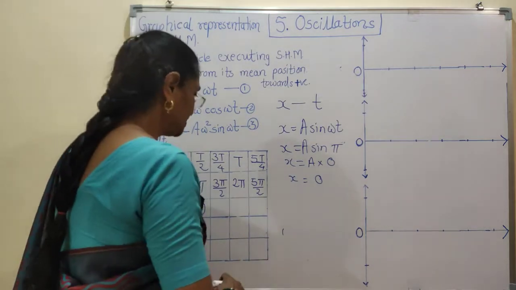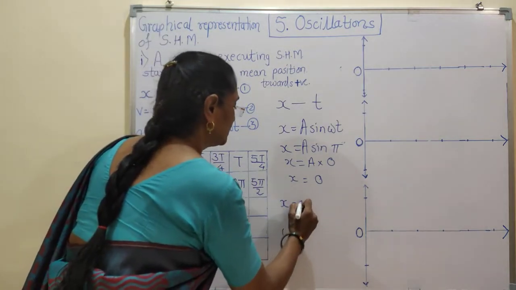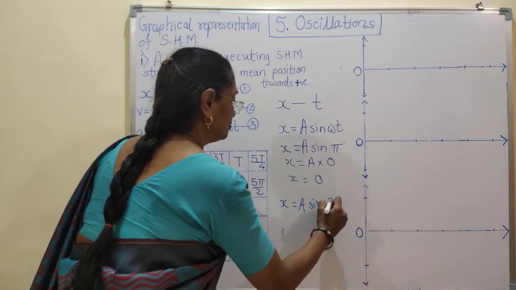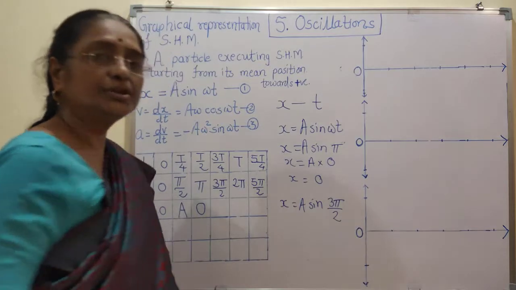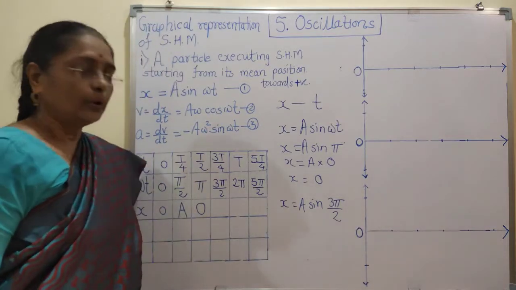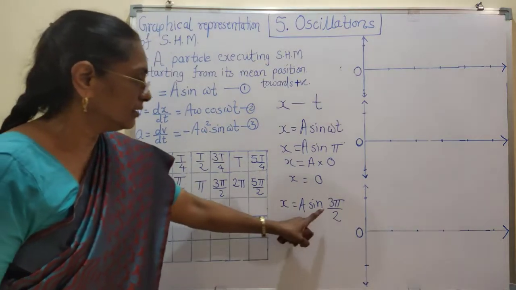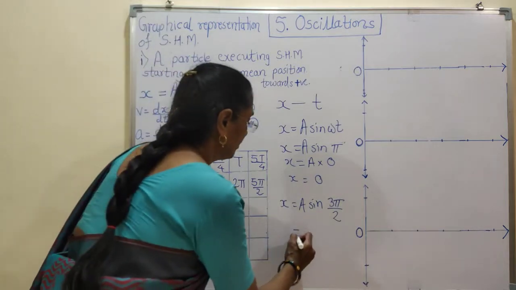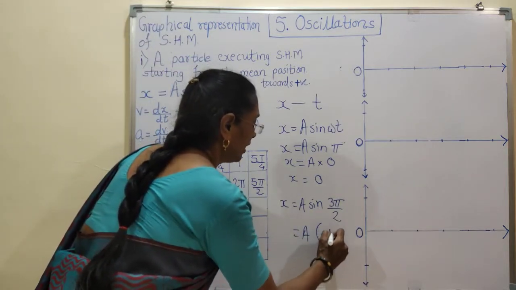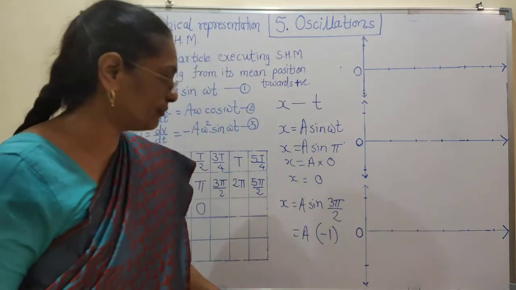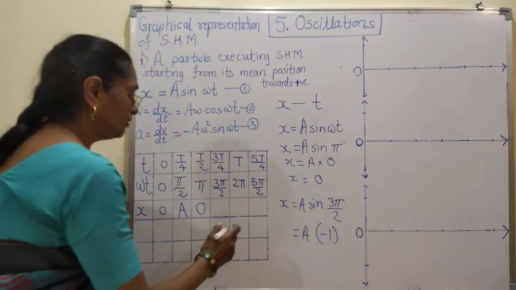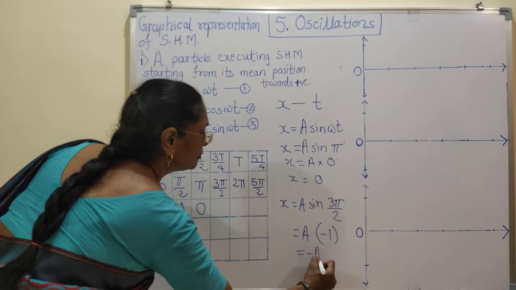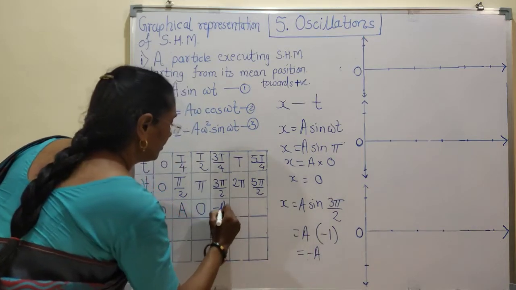Now the next value is a sin 3 pi by 2. It has the negative maximum value, minus 1. So here we get x is equal to minus a.